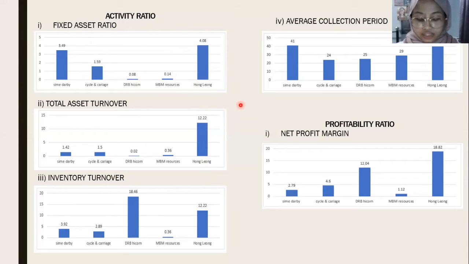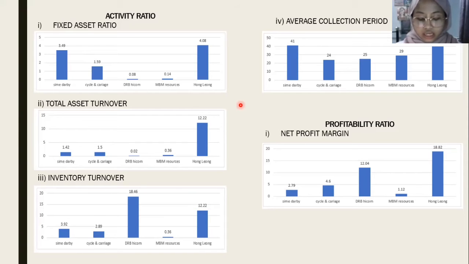Besides, in fixed asset turnover also, Sime Darby and Cycle and Carriage Berhad also show good performance in using their asset to generate revenue. For the graph of inventory turnover, we can see that DRB Hicom Berhad, Hong Leong, and Sime Darby have strong output. In addition, these three companies are selling product rapidly and there is significant demand for their product on the market.